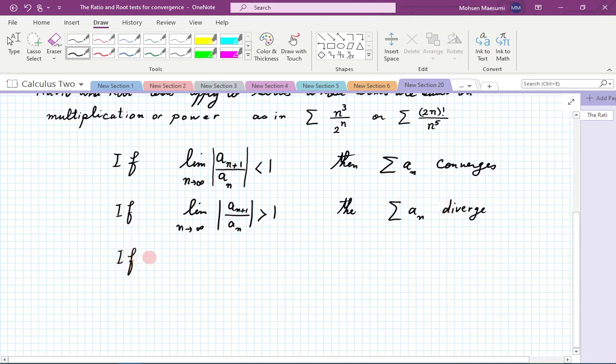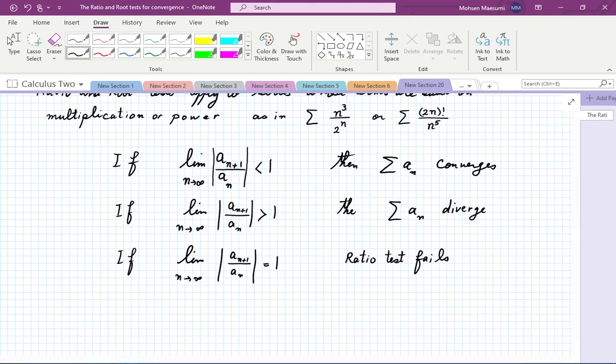So if the limit of a n plus 1 to a n is exactly 1 when n goes to infinity, then the ratio test fails, meaning we are not clearly in this region or that region. We don't know. Based on this test, we cannot have a verdict. We have to go to something more powerful to figure out what is the case.